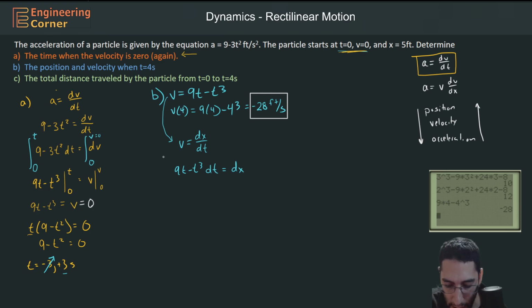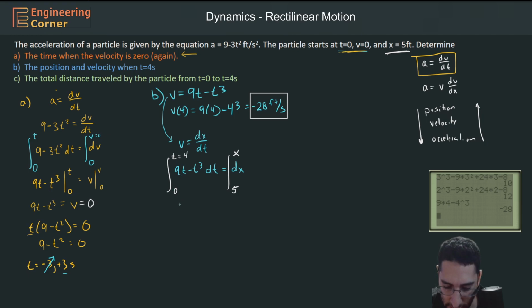Now we need to figure out our bounds of integration again. Okay, so at time 0, we know that our position is 5. We don't know what our position x is when t is equal to 4. And I'm going to start just by using t, then I'll put in the 4, just like I did with the velocity. So what do we get here?